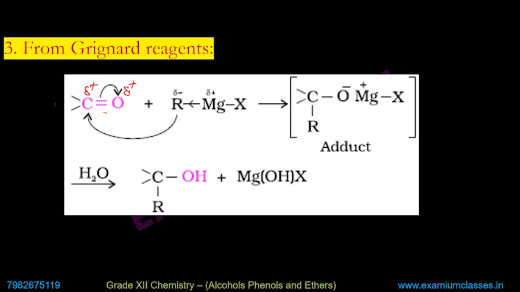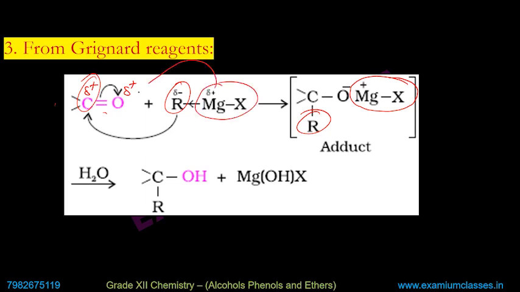This bond is polar bond, oxygen is electronegative, carbon is electropositive. So this electronegative attacks on electropositive carbon. So alkyl group gets attached to the carbon, and the remaining part of magnesium halide is connected to oxygen because this is positive part.